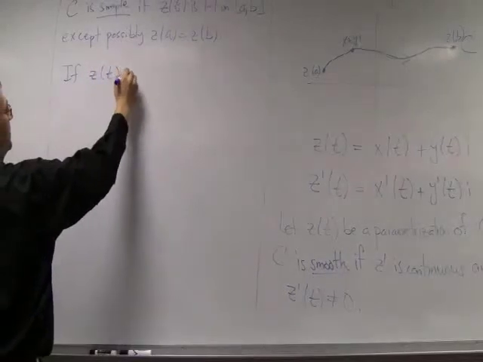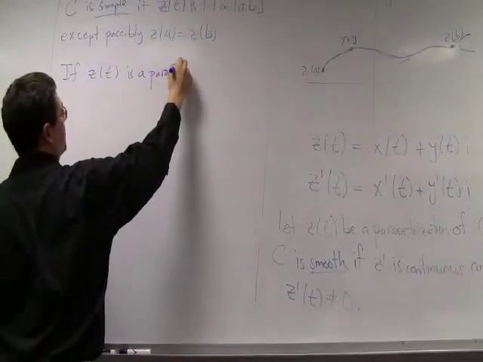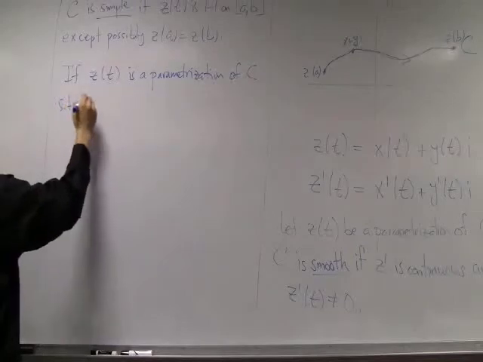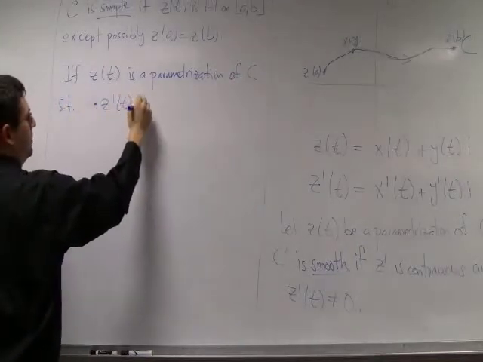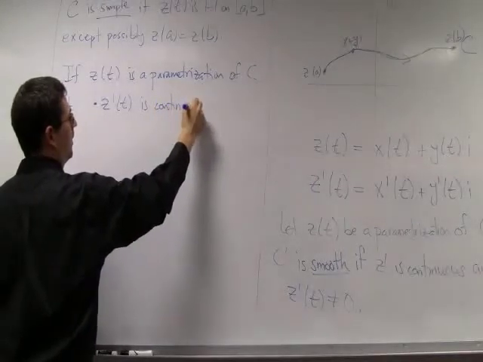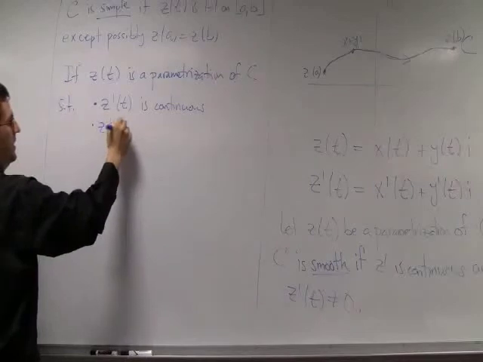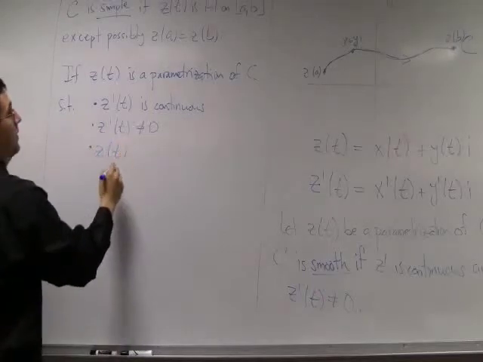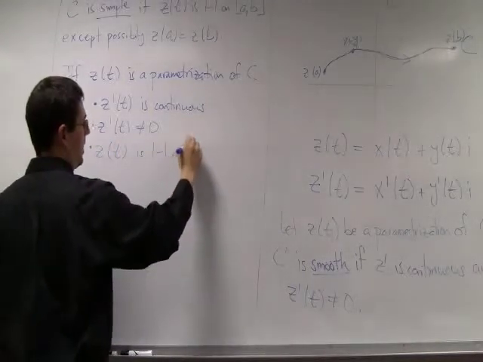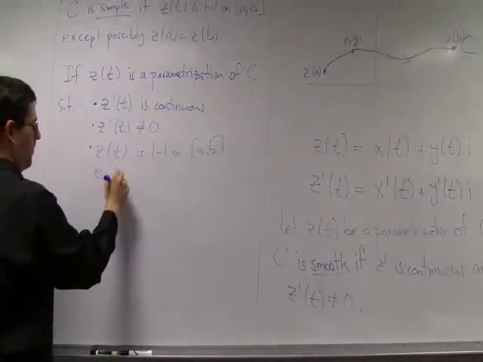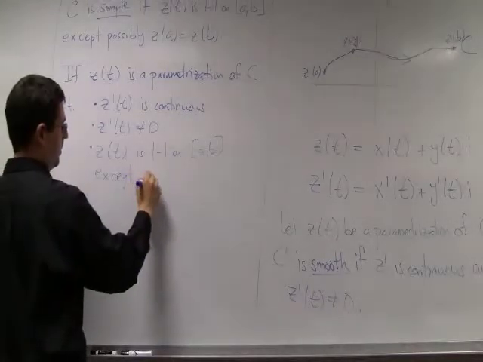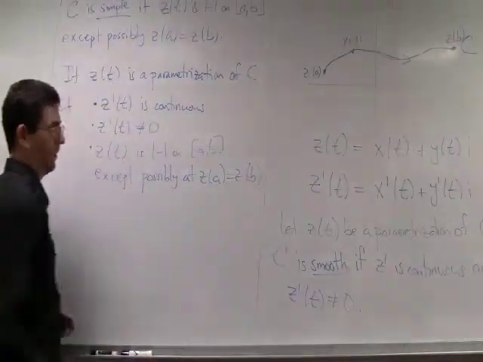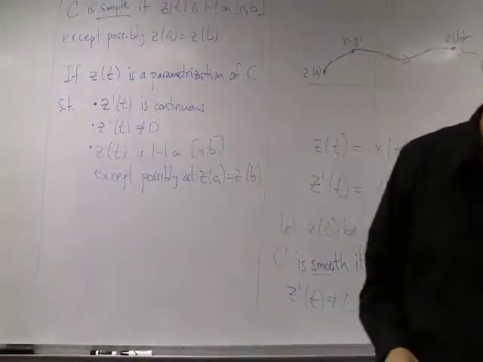If Z of t is a parameterization of C such that Z prime of t is continuous on AB, Z prime of t is never 0 on AB, and Z of t is 1-to-1 on AB, except possibly Z of A equals Z of B, then this is what I want to call an admissible parameterization.